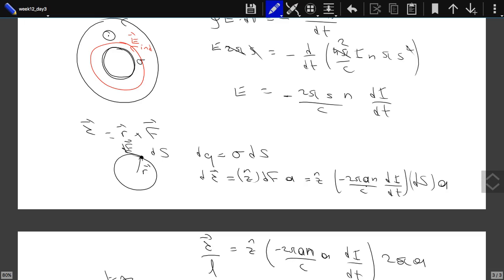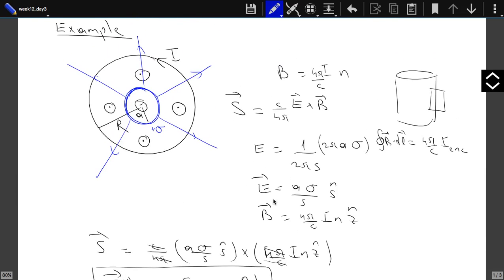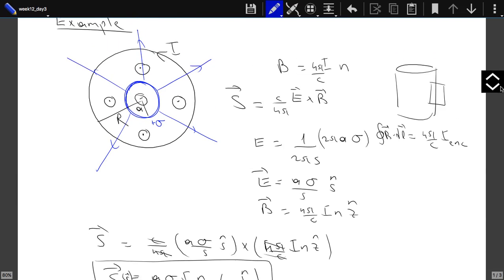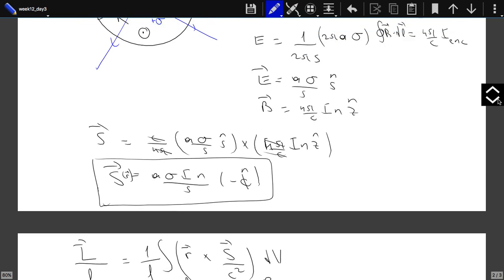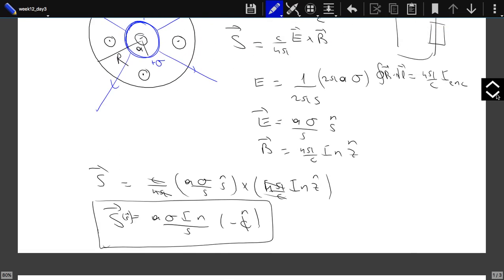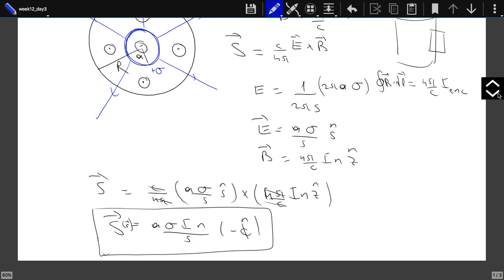dF is E. There's a sigma over here. E is A sigma over S. Hold on. No. The induced electric field is, now let me just make this correct.